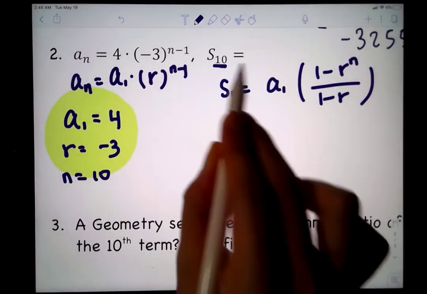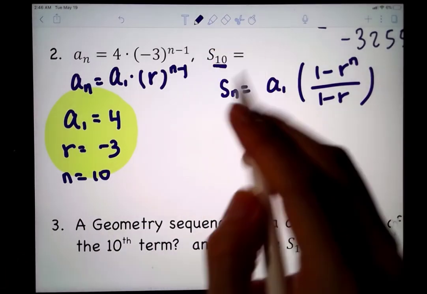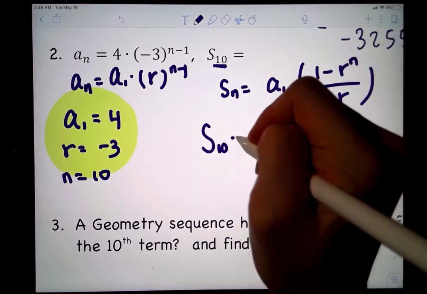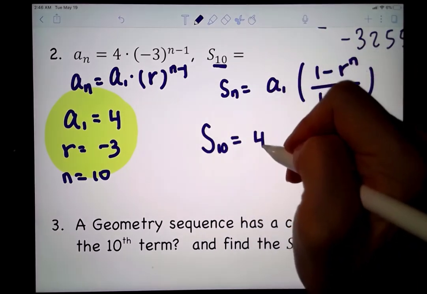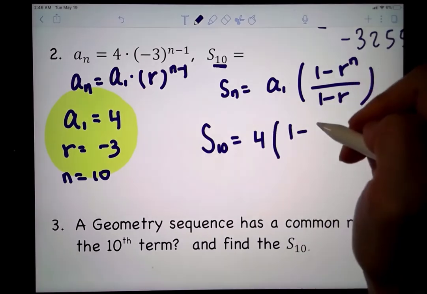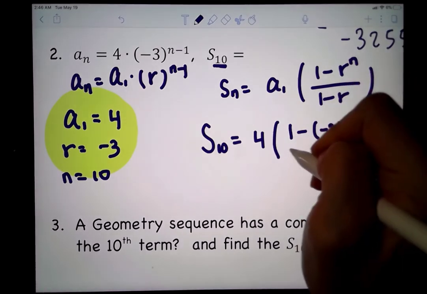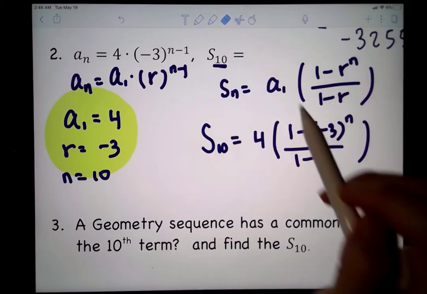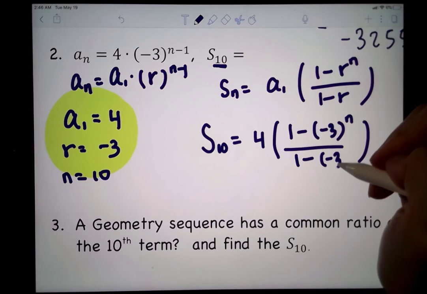Do you see this number here? So let's plug it in. S10 equals my A1, which is 4, times (1 minus -3 to the 10th) over (1 minus -3), right?